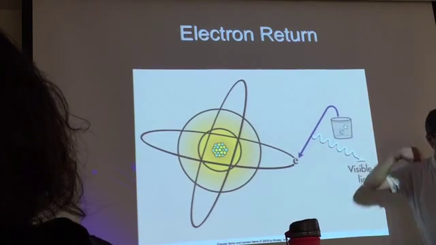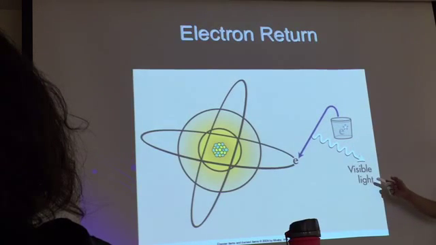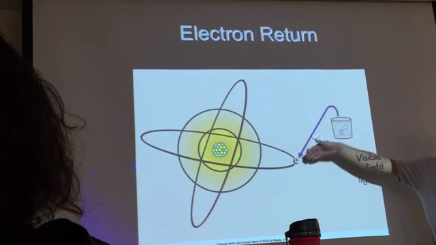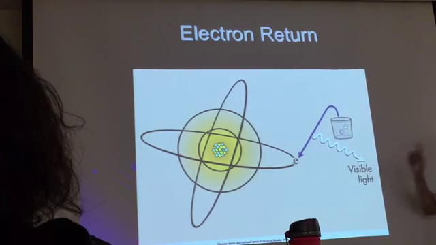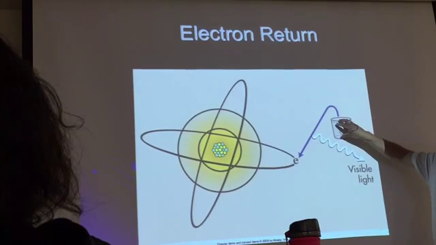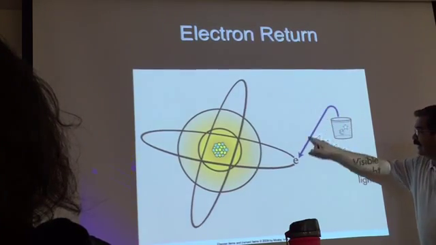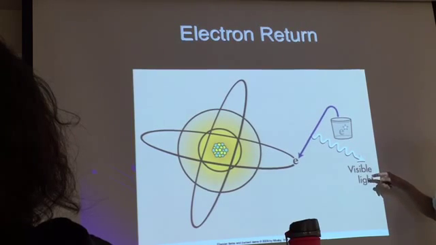And in the process of coming down, it's going to emit light. That's what we're going to see in just a bit. You have the electron here in this electron hole, and it eventually comes back down and emits visible light.